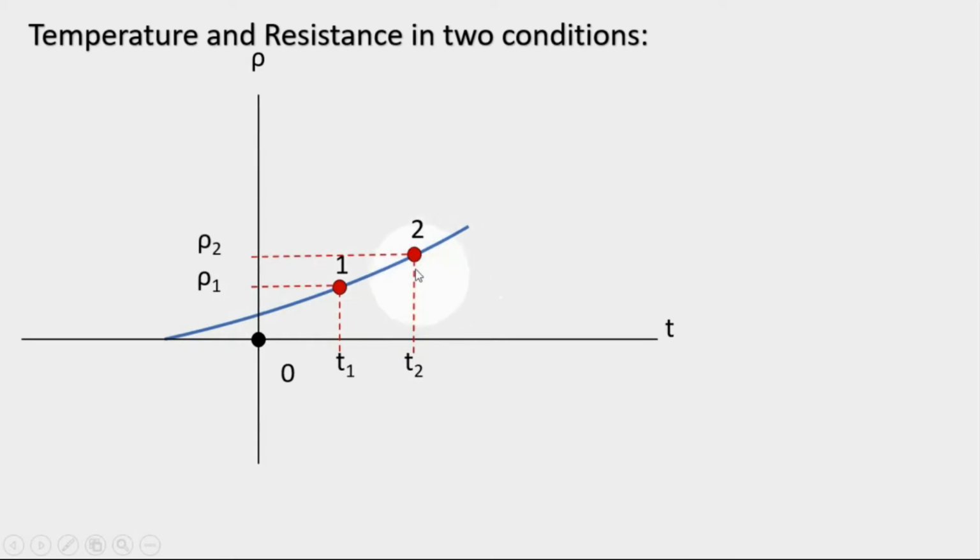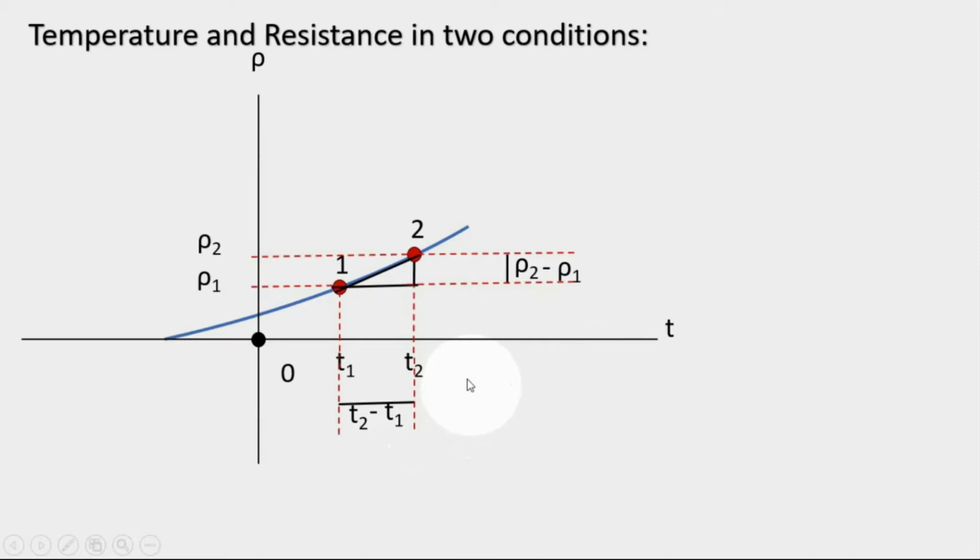So this will form a right triangle. This will be our hypotenuse and these are our two sides. The two sides are created by the subtraction of conditions 1 and 2. For our resistivity, this will be rho sub 2 minus rho sub 1, and for the temperature, you have T sub 2 minus T sub 1.